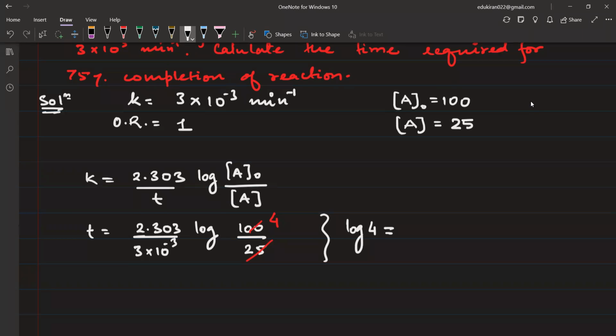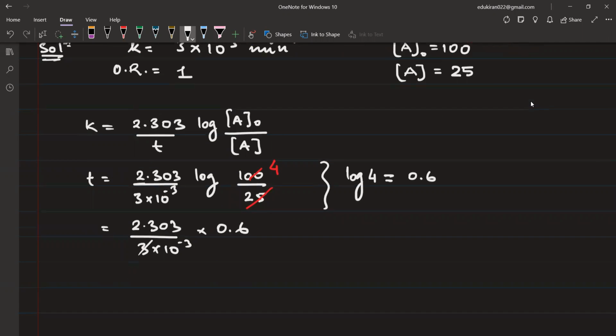Correct? Just need to plug in this value. 2.303 divided by 3 into 10 to the power minus 3 into 0.6. So I think this will be getting cancelled like this. 0.2. This will be equal to 2.303 into 0.2 into 10 to the power plus 3.